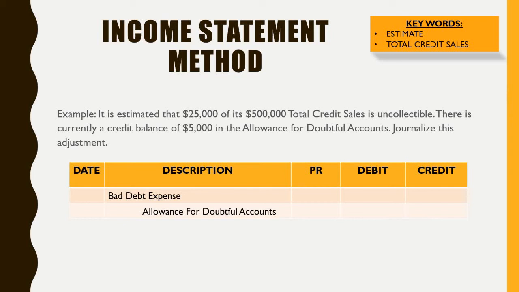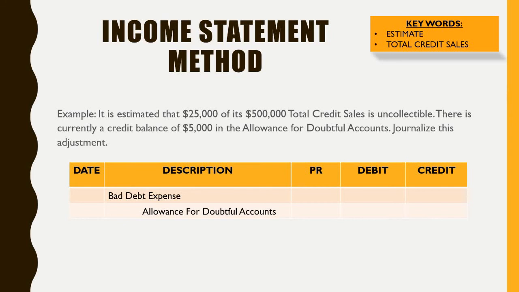Once we see this, you should instantly think about the income statement, because accounts receivable is not going to appear on it. Therefore, you will disregard the balance that's currently in your allowance for doubtful accounts, and your only option here is to take whatever the estimated amount is, and that's your answer.